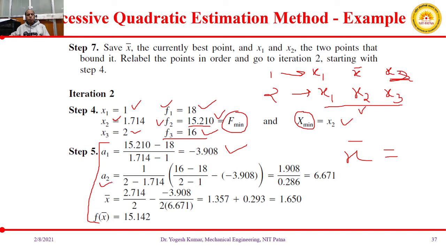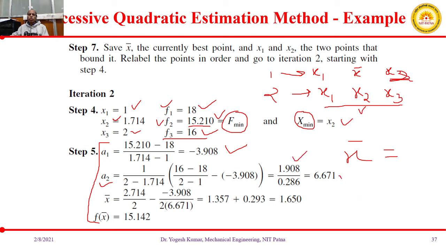Similarly, we will calculate the value of a2, which will be equal to 1 upon x3 minus x2 into f3 minus f1 upon x3 minus x1 minus a1.